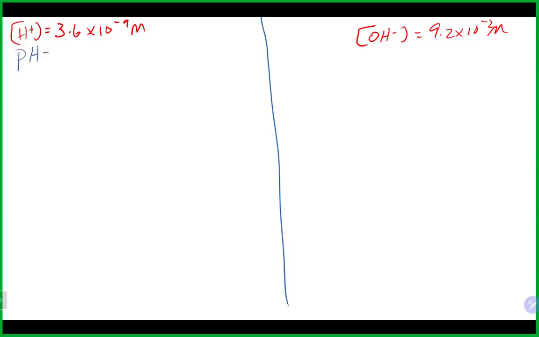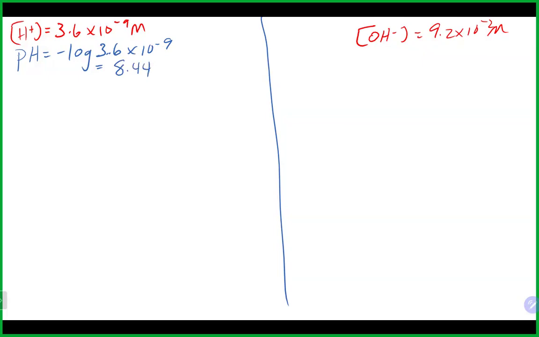So pH is equal to negative log of 3.6 times 10 to the minus 9. Negative log of 3.6 times 10 to the minus 9, and there we go. That gives me 8.44 as our pH.